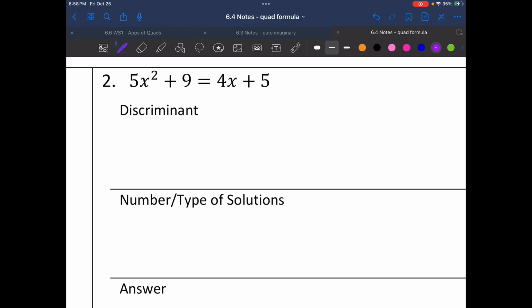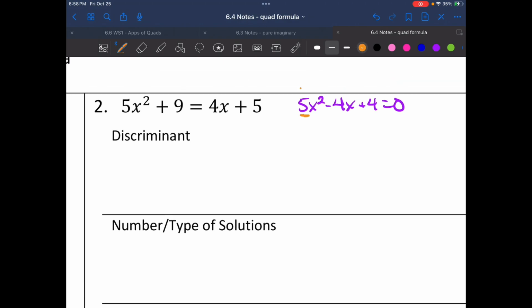Okay, get the equation to equal 0. There's your A, your B, and your C. So discriminant equals B squared minus 4AC.